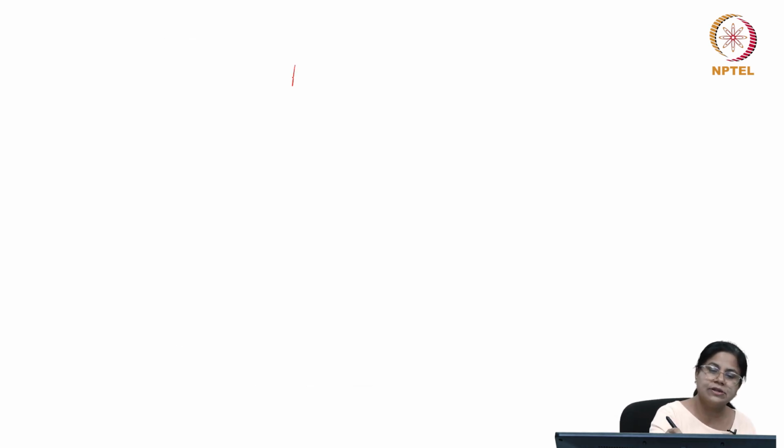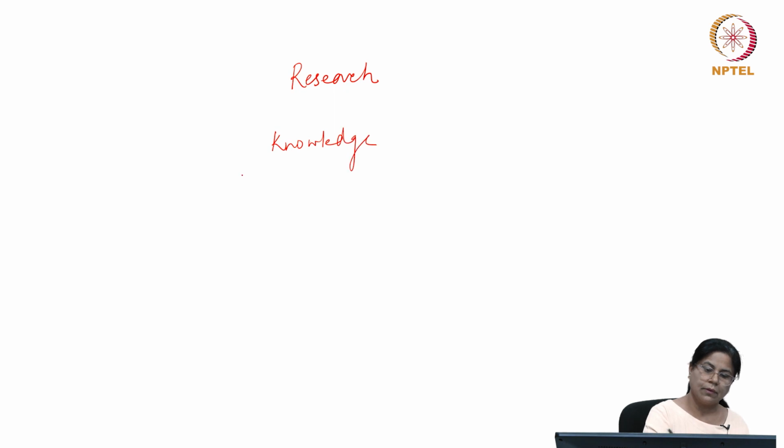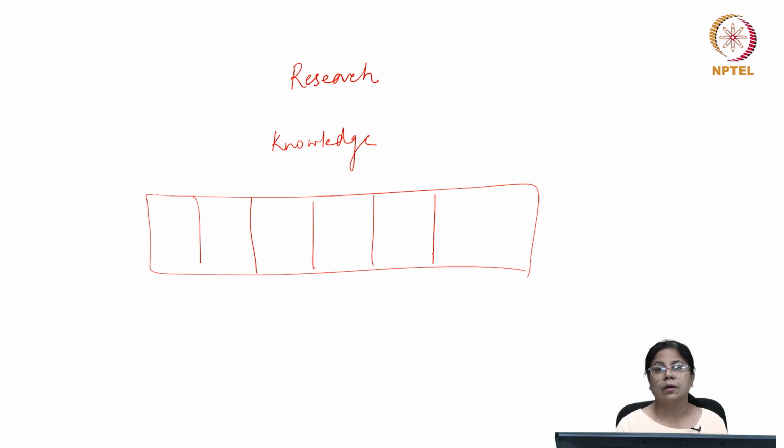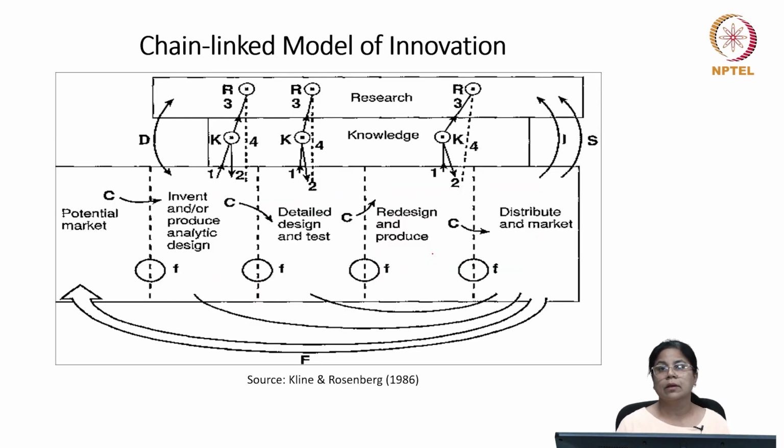We have research at the top, then we have knowledge, and then we have certain boxes here. How many of them? There are 5 of them.